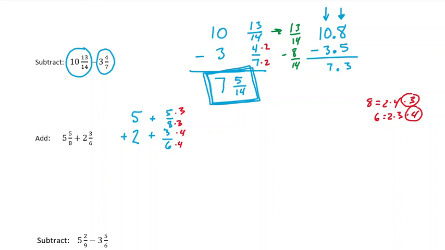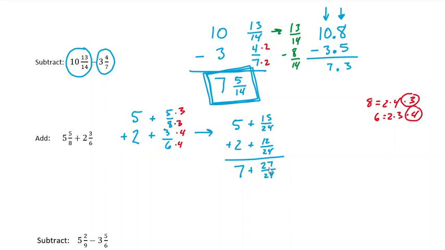And so the problem becomes 5 plus 15 24ths plus 2 plus 12 24ths. We're going to add those together. 5 plus 2 is 7. And 15 24ths plus 12 24ths, the denominators are the same, so now I can add the numerators. 27 24ths.